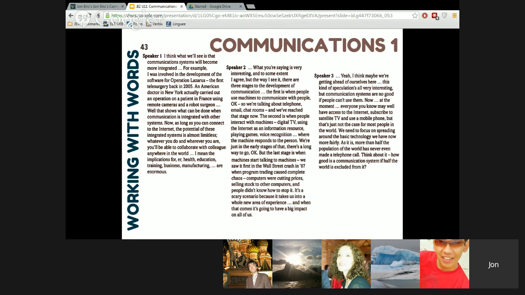That's right. The other stage is when people interact with machines, with digital TV or internet. And the first step is when people use machines to communicate with people, such as telephone or radio speakers.